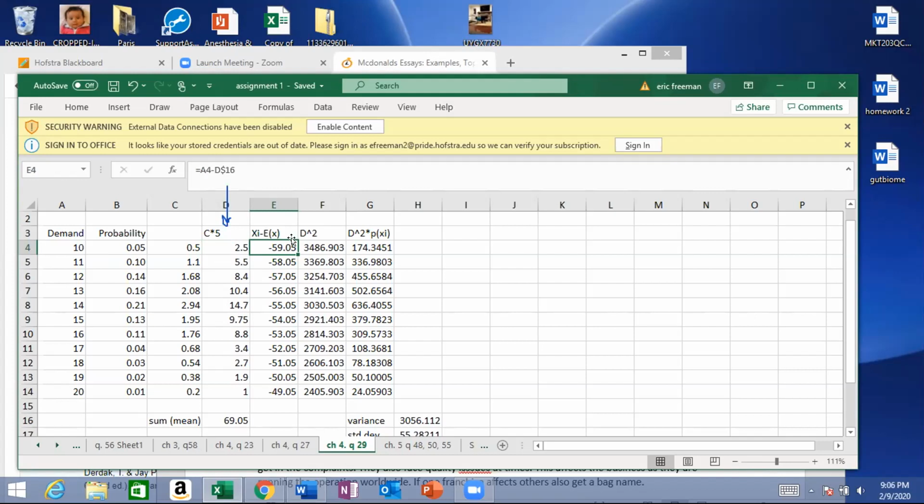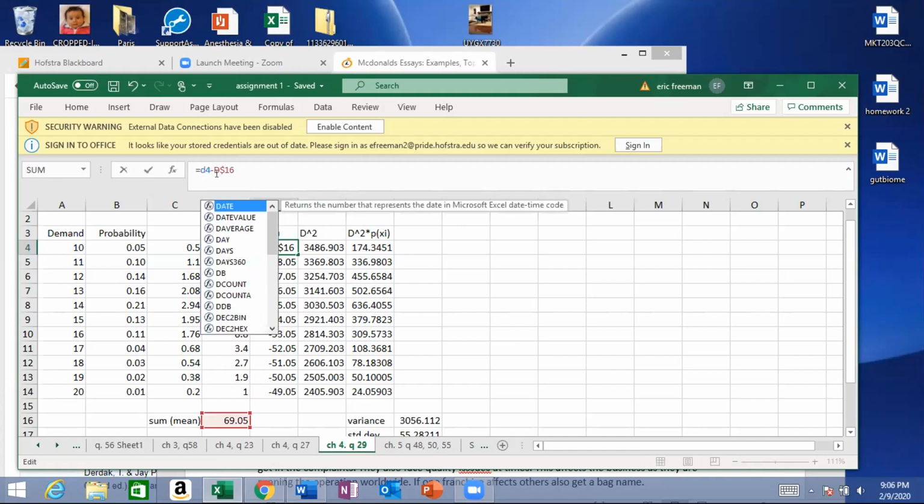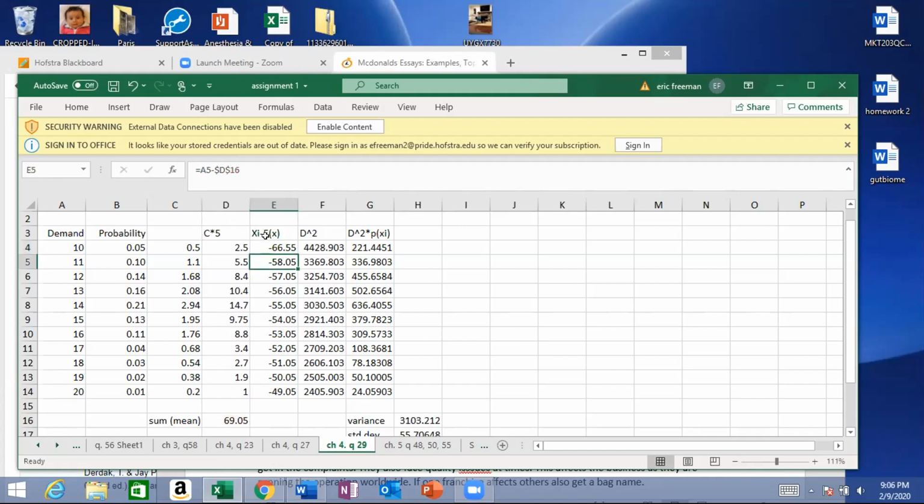Instead of A4, you're going to do D4, because now you're working with this column here. That's right. And then you copy that down. Oh, it automatically changes everything else. Well, I would hope so.